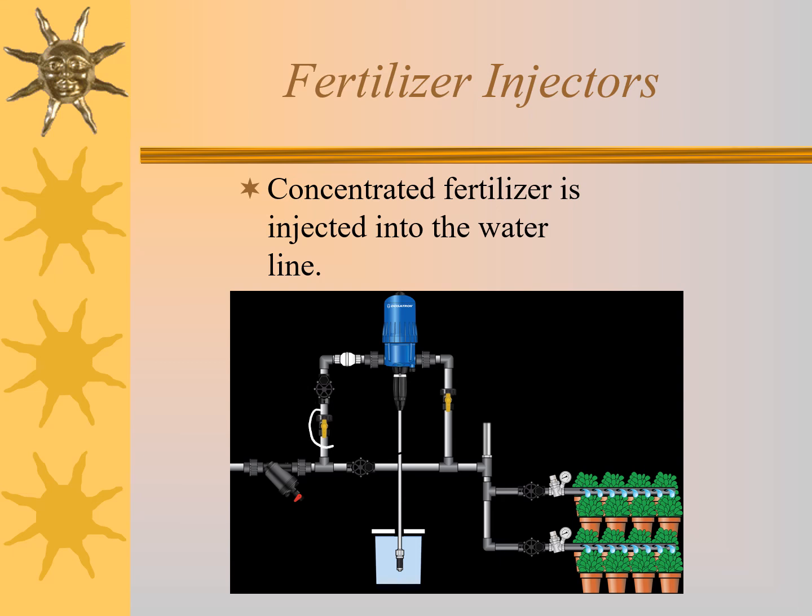These are bypass valves. So these let you either inject fertilizer into your water or bypass the fertilizer injector and just irrigate with clear water that doesn't have any fertilizer in it.